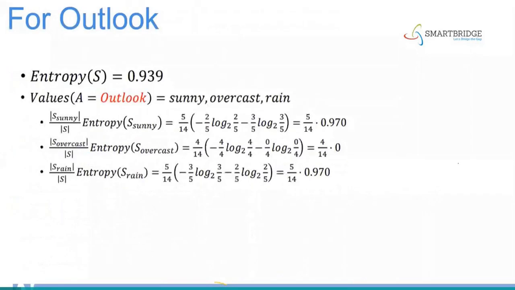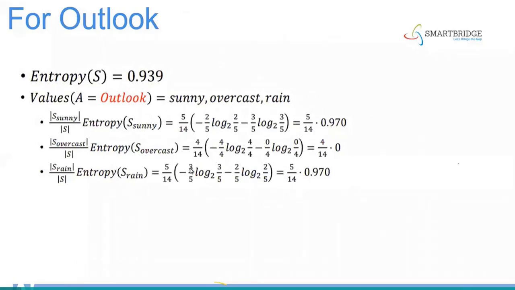Now let's do that on the outlook also. So in the outlook, again you have sunny, overcast and rain. In sunny, you have 5 observations, out of which 2 are yeses and 3 are nos. In overcast, you have 4, all those 4 as yeses only.